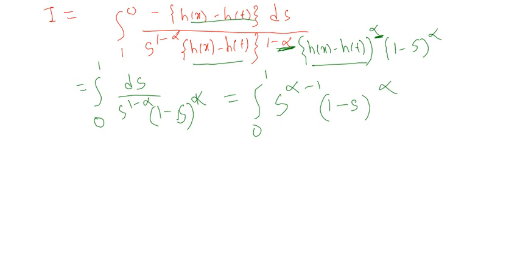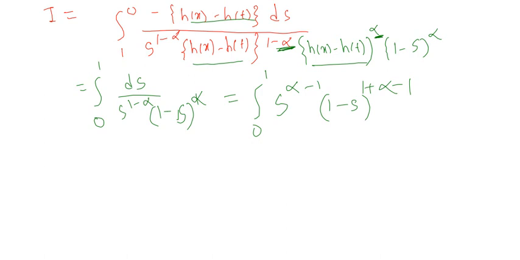I will subtract 1 and add 1. Okay. So after this, what will we get? I'm not getting the 1 minus alpha there.